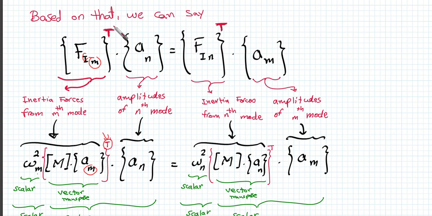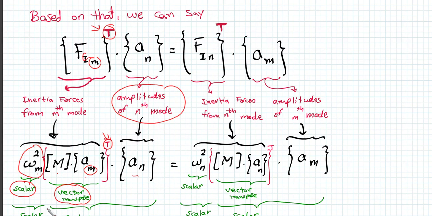Why? Because we already mentioned this. This is the transpose here. Similarly, this is the amplitude of the nth mode. Remember that omega squared m is a scalar value, and the mass times the vector here is a vector transpose, right? And after that we are going to have vector transpose times another vector here.